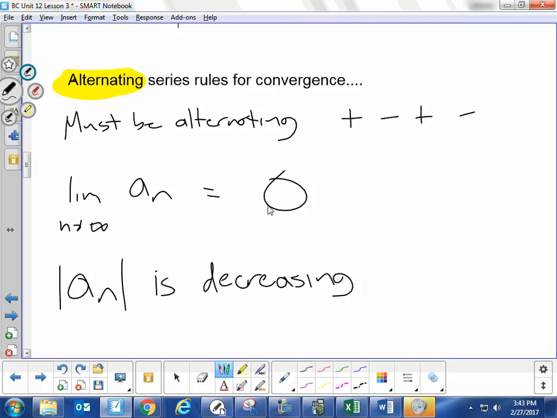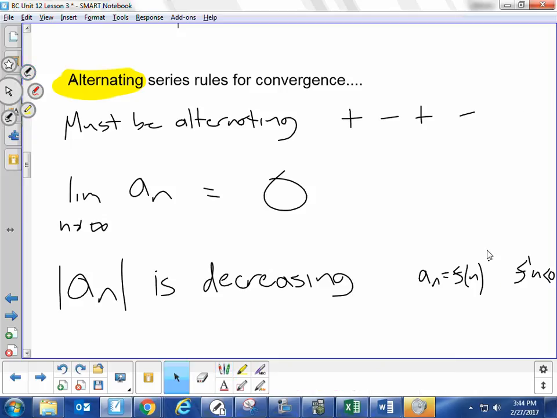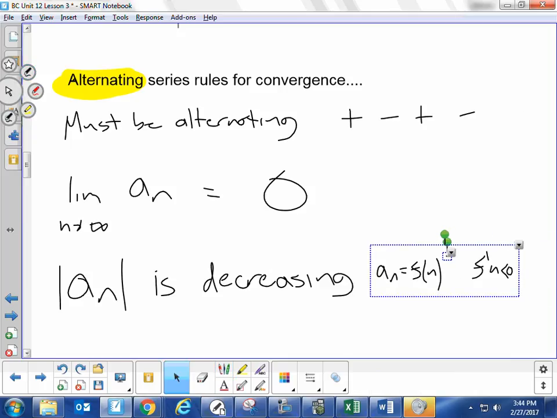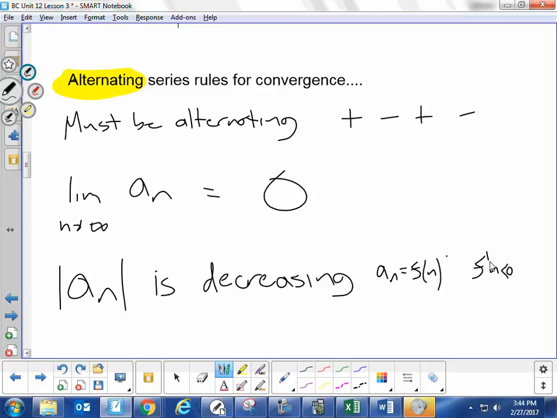We need to be approaching 0, but in a fashion where our first derivative is negative always. Else we'd be bouncing all over the place around a number, and we would not be approaching that S of n.